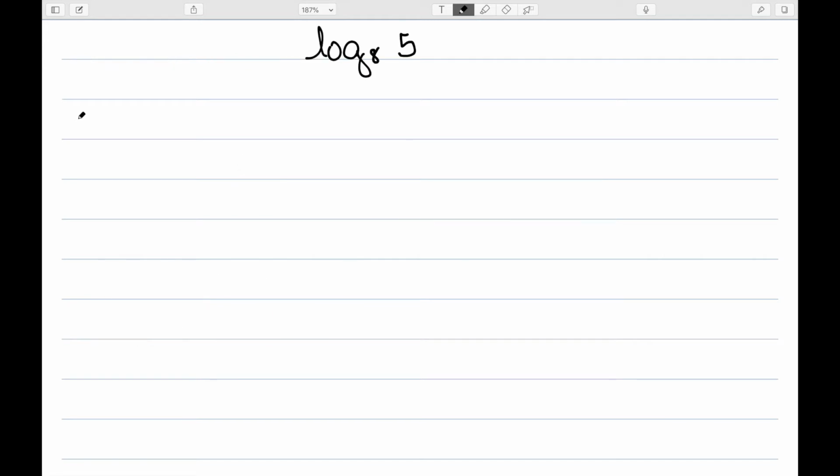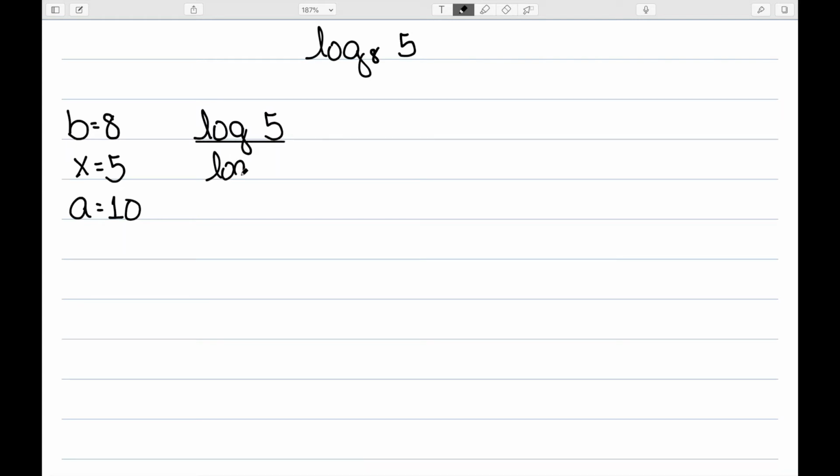I want to evaluate log base 8 of 5. In this case, my b value is 8, since that's my current base. My x value is 5, and we're going to move to base 10. So we would have log base 10 of 5 over log base 10 of 8.